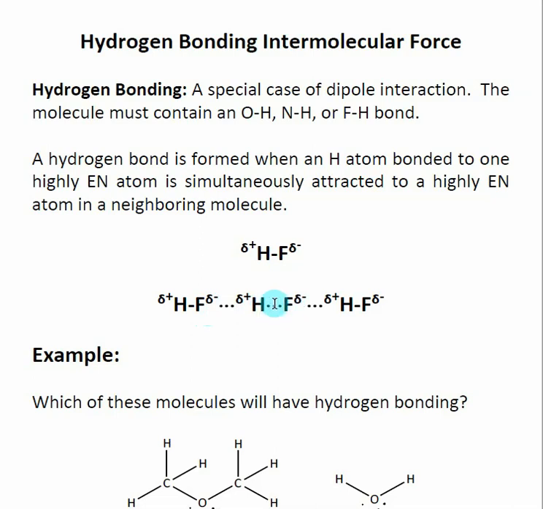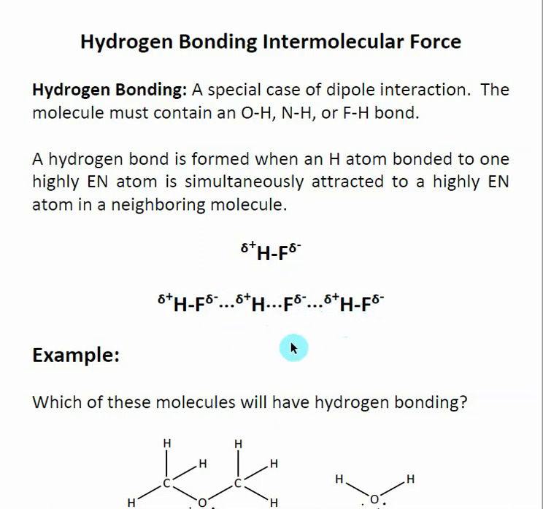So this bond is very polarized, the electrons are closer to this fluorine. So it's almost like this slightly positively charged hydrogen are being shared in between these two fluorines. That's because this bond is so polarized. So in reality, this fluorine is kind of grabbing onto this hydrogen, this fluorine is kind of grabbing onto this hydrogen, and this continues on. So you can see the process repeats itself.